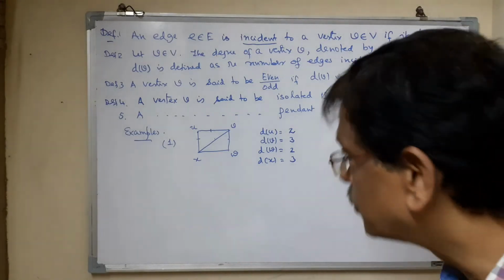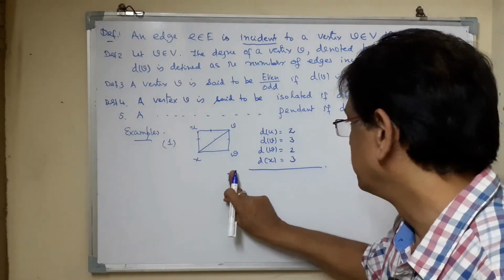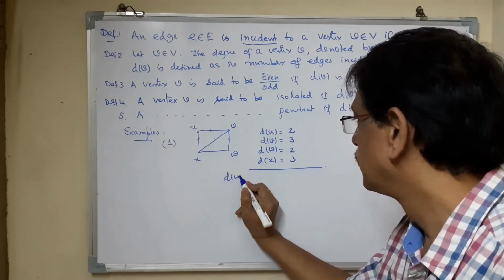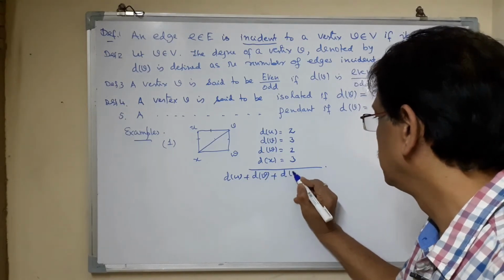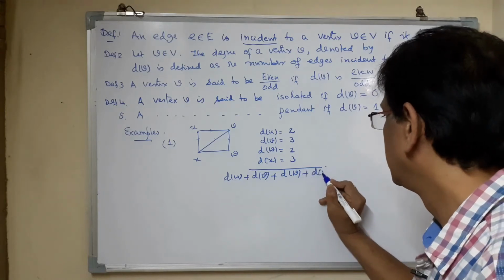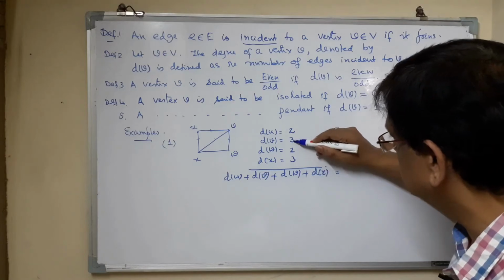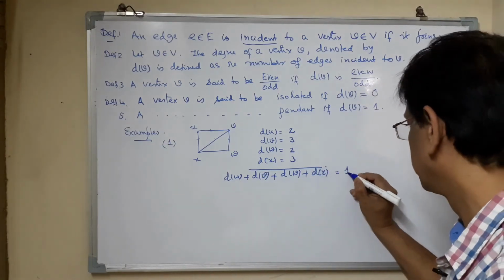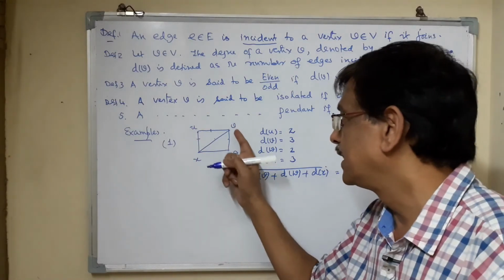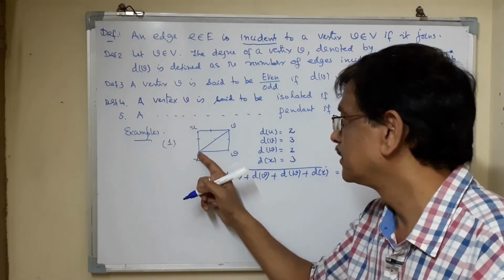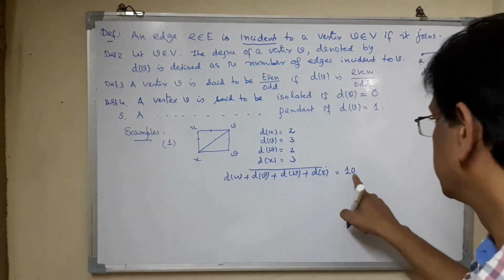Let us observe one more thing. Let us see the sum. The sum is du plus dv plus dw plus dx. This is 3 plus 3, 6 plus 2, 8 plus 2, 10. So the sum of the degrees of the vertices in this particular graph is 10.